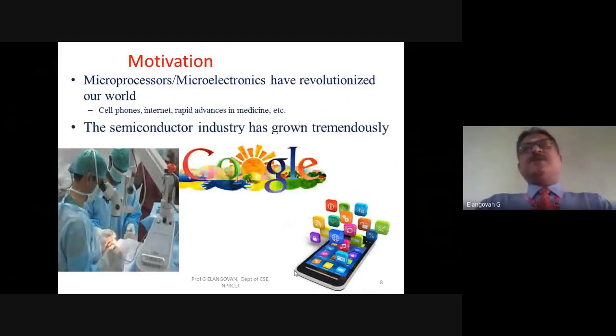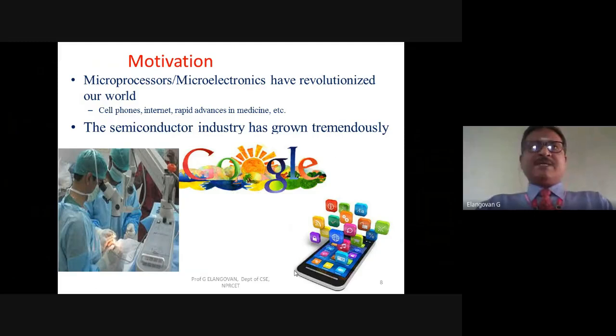Before developing the computer, there was the development of the microprocessor and microcontrollers. It was a revolution in the digital world, because it came with programming capability with the zeros and ones. So it made a great revolution in the industry and in the world itself.